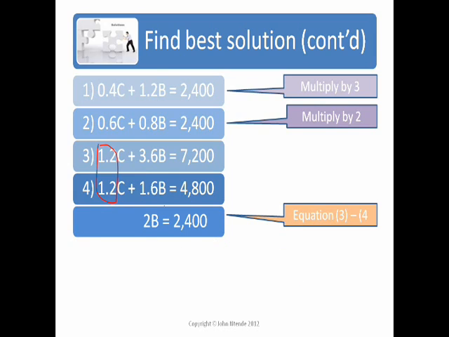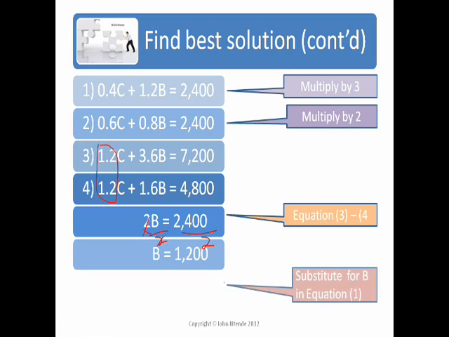If we divide both sides of this equation by 2, we end up with B equals 1,200.